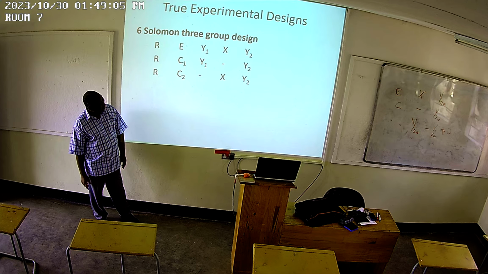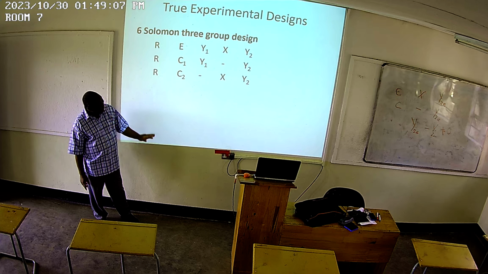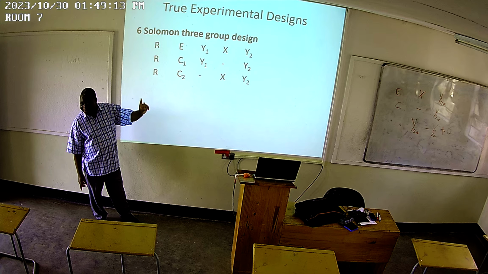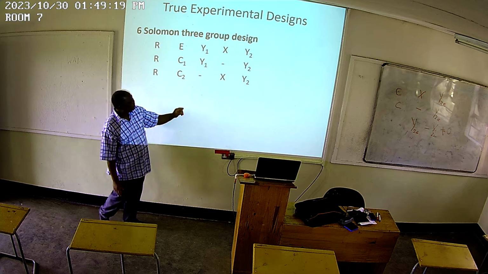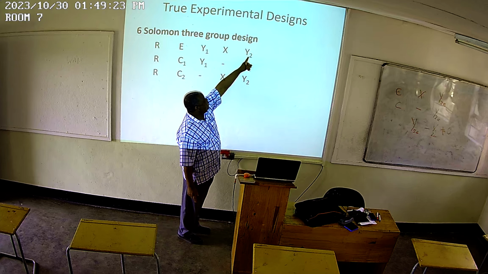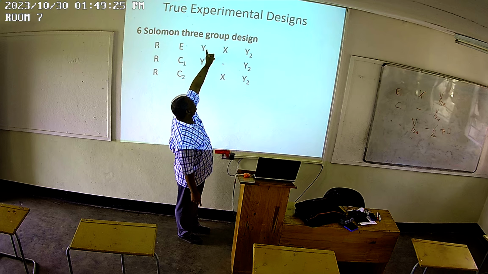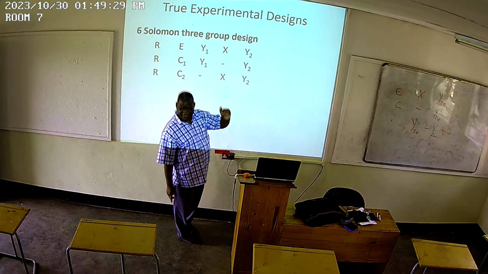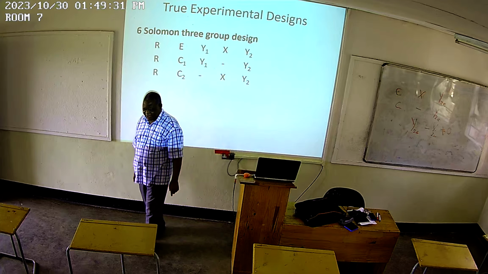You want to assess. There are actually 2 points of assessment here for you to see whether the treatment has an effect. If Y2E is different from Y1E, that will tell you that the treatment has an effect.